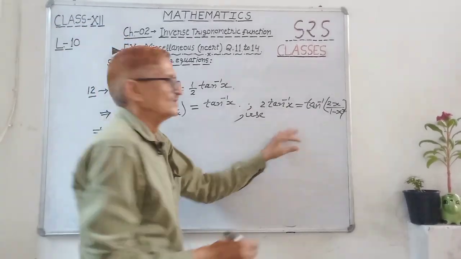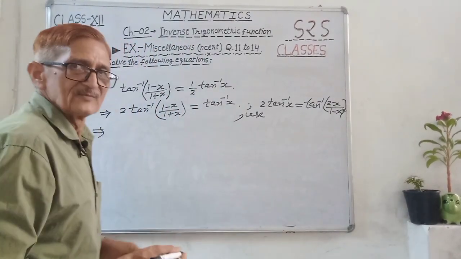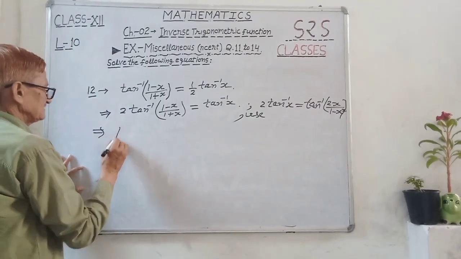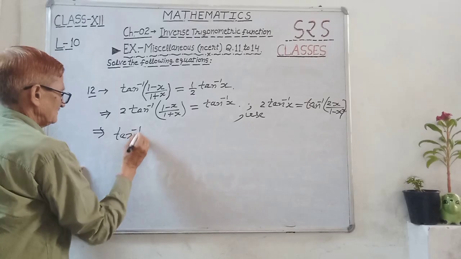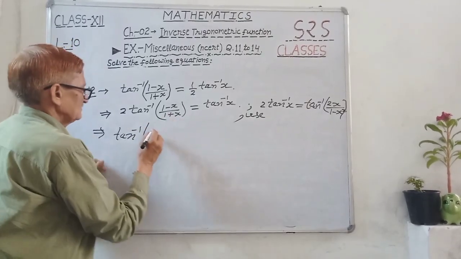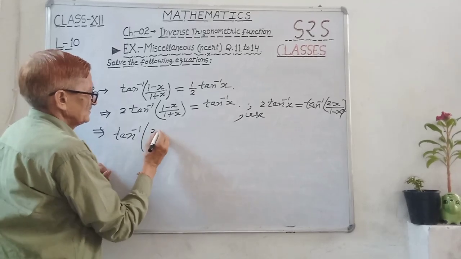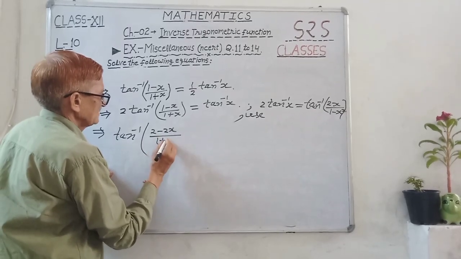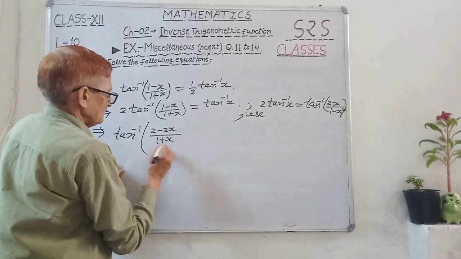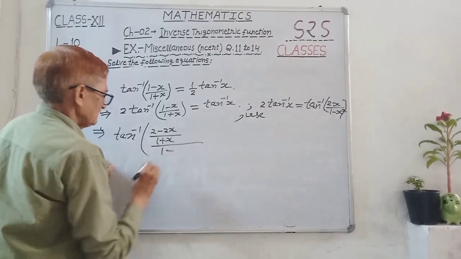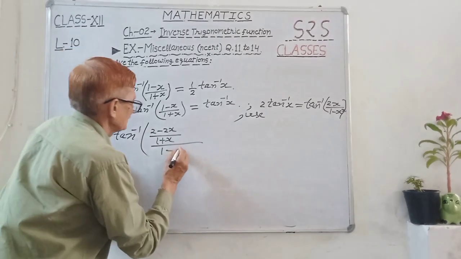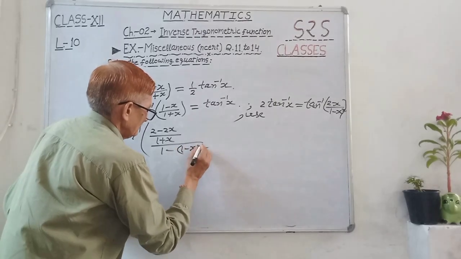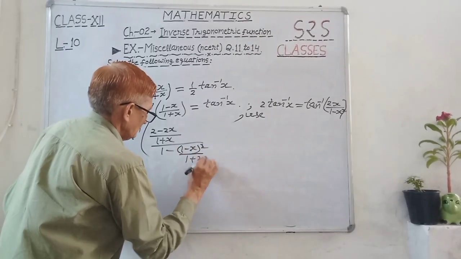We can say theta also, or any other capital A. Then here we can say it is tan inverse of 2 into this, so 2 minus 2x upon 1 plus x, divided by 1 minus (this whole square), so 1 minus (1 minus x whole square upon 1 plus x whole square).